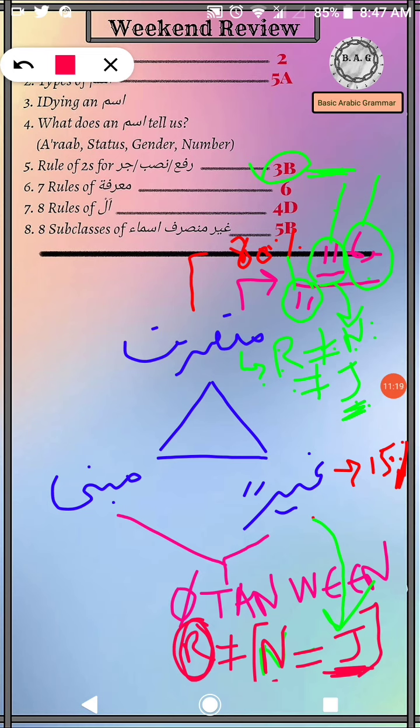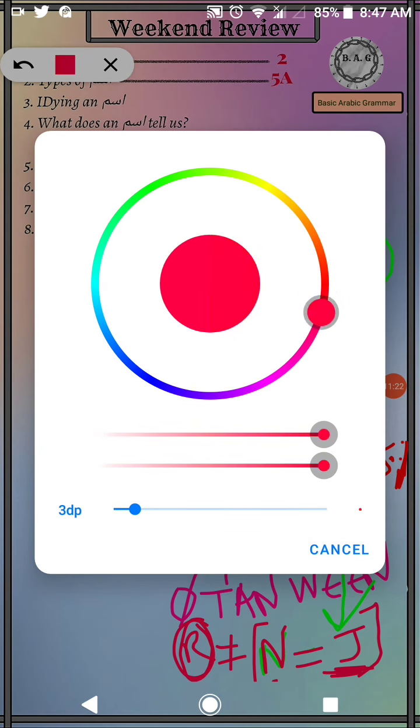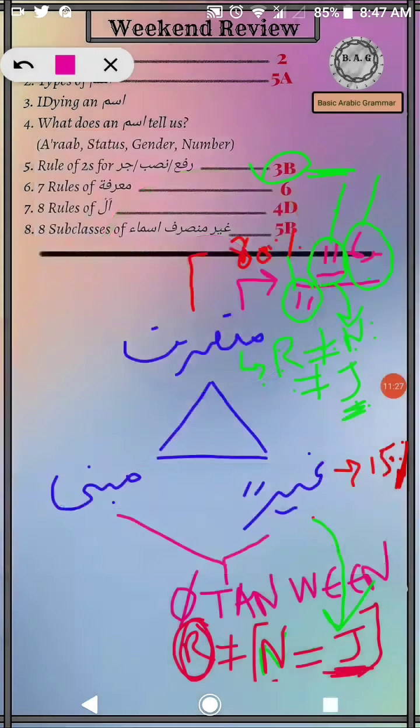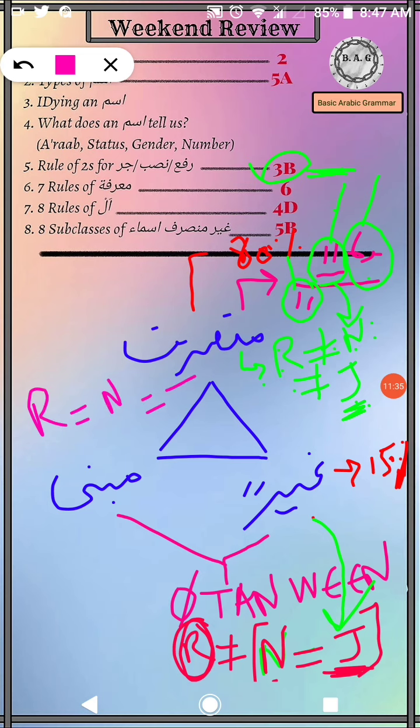And finally, in the mabni group, the rafa form is similar to nasab form, which is similar to jar form. So we have words such as kubra, kubra, kubra, or musa, musa, musa. See, there is no change in the structure or the ending sound, or there isn't any kind of change at all. That's what is meant by mabni asma.